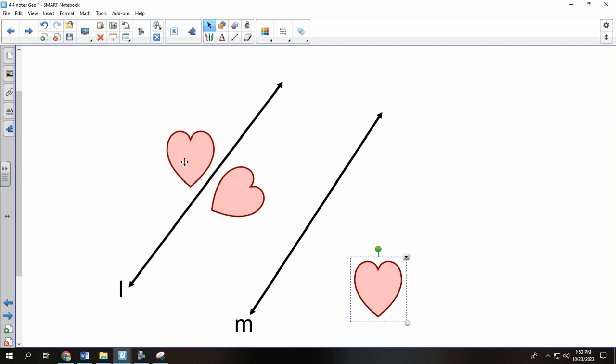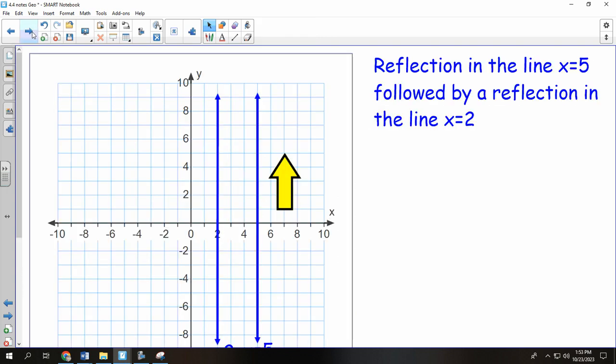So it's as if we just took our heart and translated it 2 distances, 2 line segment distances away from itself.